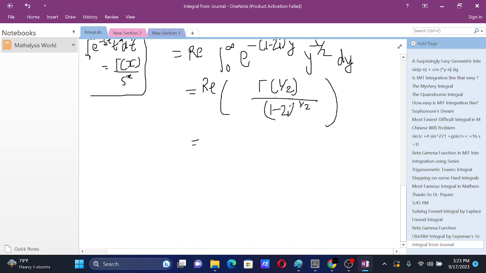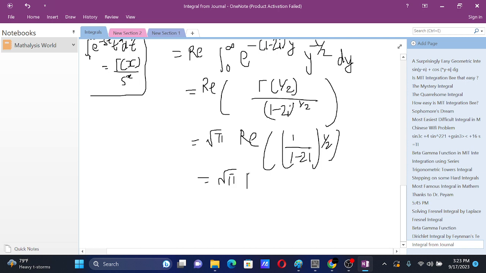For that, we can just take first gamma of 1 by 2, that's root pi outside, and then the real part of this, we will first write it like this. We want it to be in the numerator and not the denominator. Now we can do some rationalization, so that we will have (1 plus 2i) over 5.